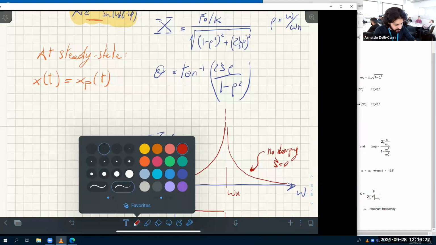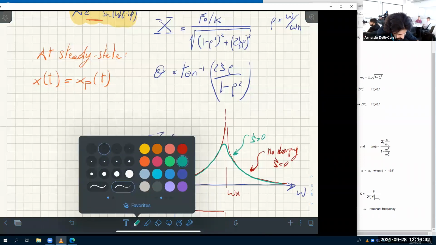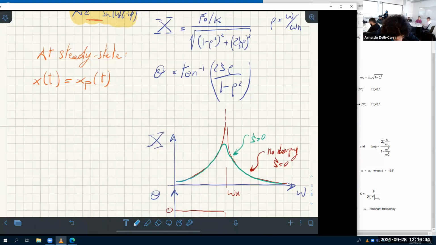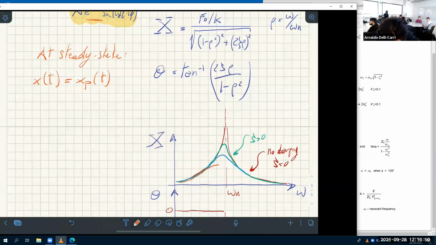So what happens if we have damping? Well, if you have damping, this becomes like this. Okay. And if you have more damping, this happens.